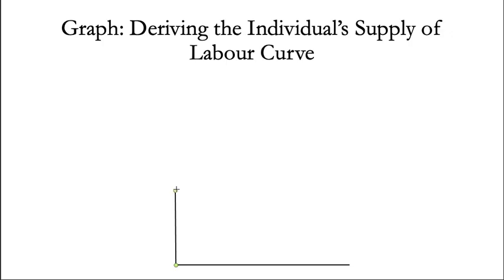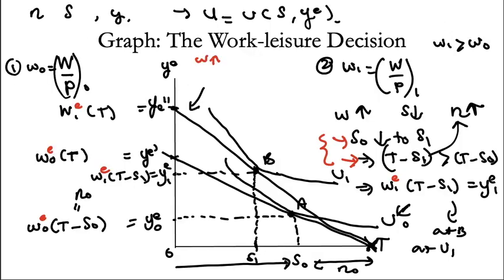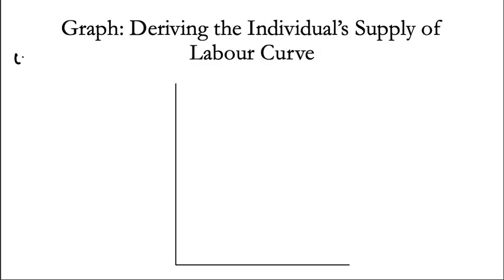So here, from the first graph, we know that we have the initial wage rate W naught, and then T minus S naught equals N naught. This is time for working, labor hours. Okay, and then the wage rate increases to W1, and the time working becomes this.